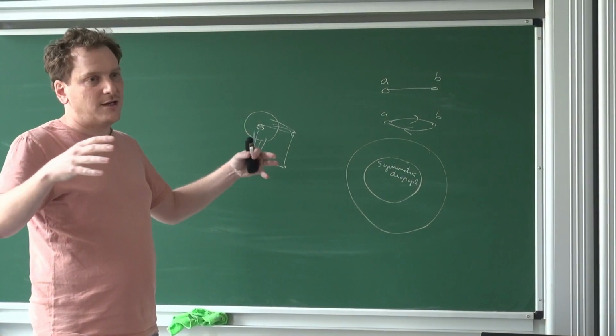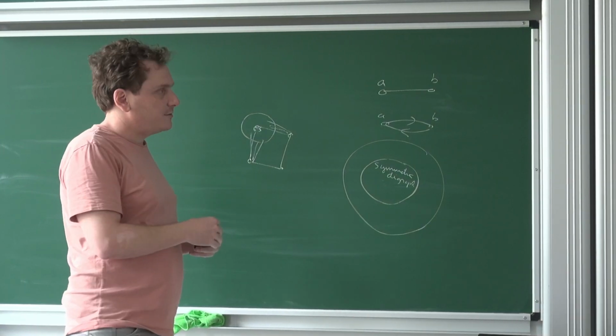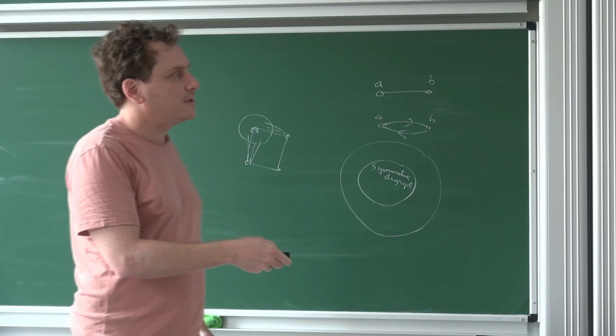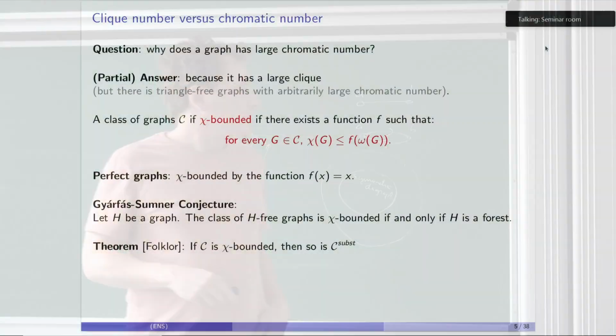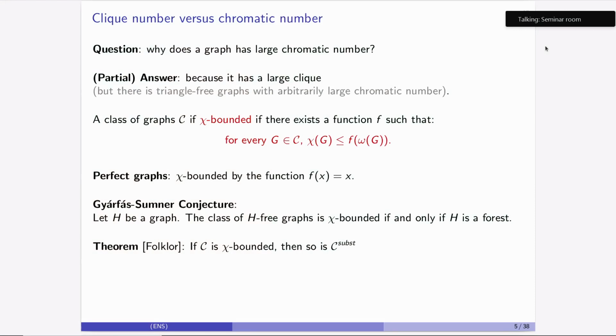So it enlarges the class, but this enlargement still gives you a chi-bounded class. Again, I will try to generalize that to digraphs later. This chi-bounded theory is now a very rich theory, and we wanted to try to generalize it to digraphs.